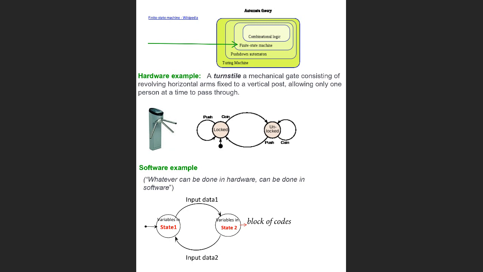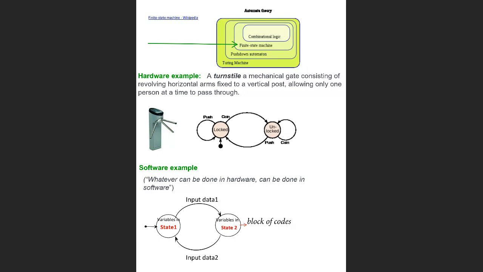In the software example, also very simple. By the way, you may remember this rule from machine structures. Whatever can be done in hardware can be done in software and vice versa. So assuming a block of codes in the software, and we have certain one state of variables, values of the variables in one state.